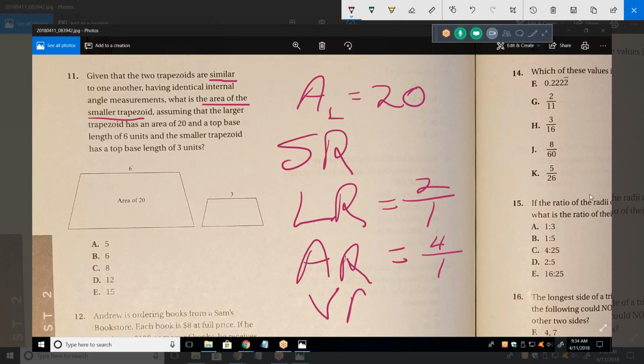The volume ratio would be the cube of the linear ratio. Remember that part of algebra? Well, we have a linear ratio of 6 to 3, or 2 to 1. So the area ratio is, this area has got to be 4 times this area. So what's the area of the smaller one? 5. Yeah.